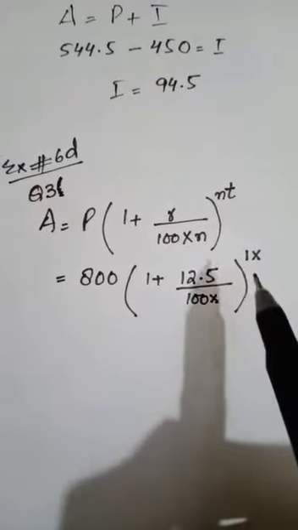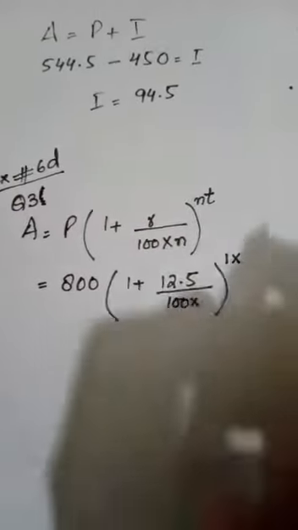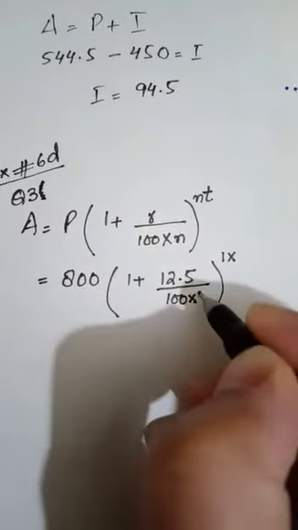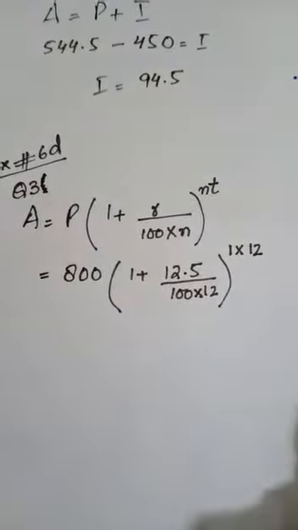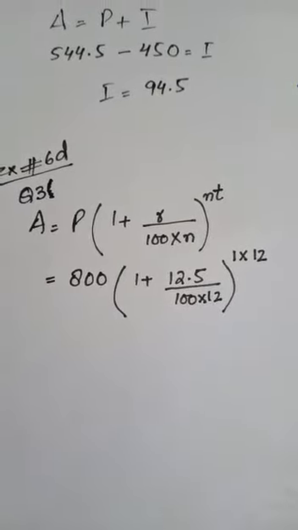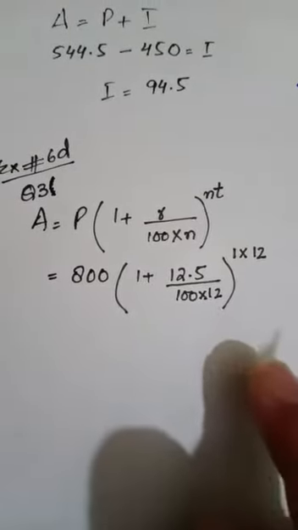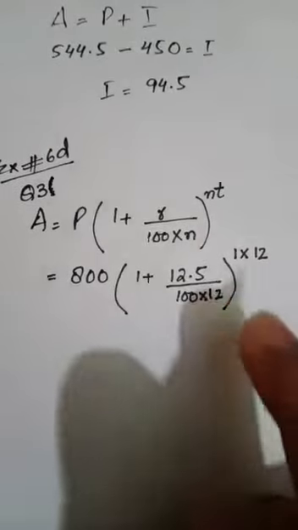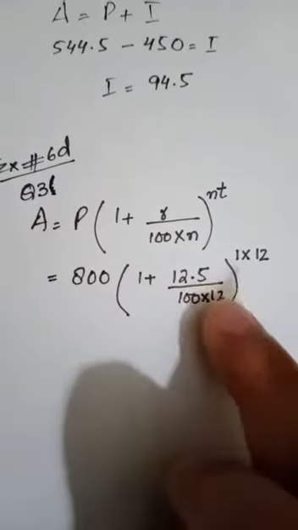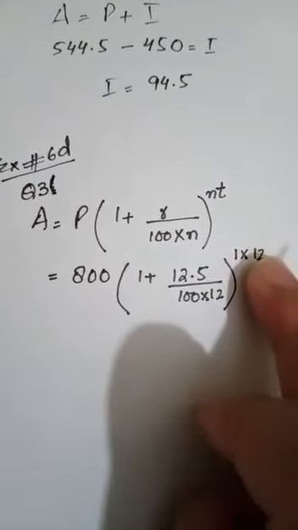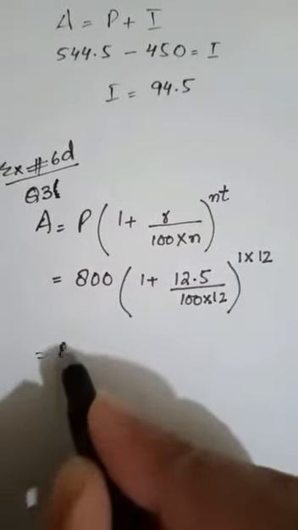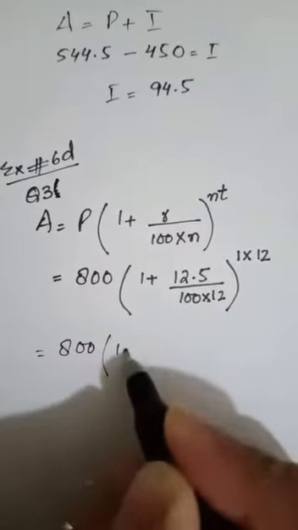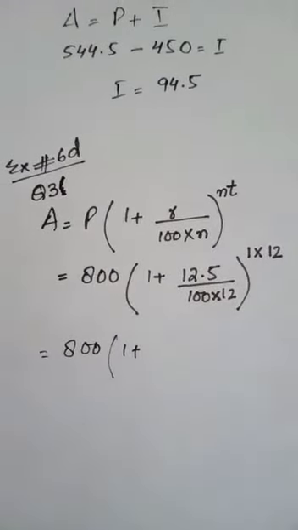But the compounded value is monthly, so here we will divide it by 12. Similarly, we will multiply it by 12 also. As we have the compounded value monthly, we have divided by 12, and similarly we have multiplied it also by 12. We cannot simplify it without a calculator, so here we will use the calculator.